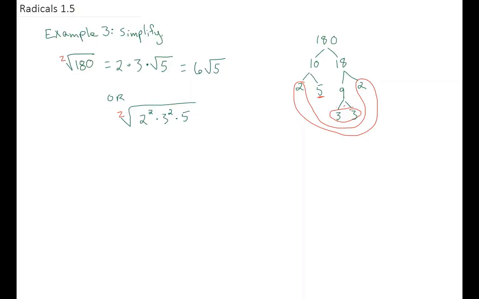So we have the 2 times the 3, but then the 5 is still being square rooted. So hopefully this helps give it a little bit more clarity. Got to finish it up there by multiplying together the 2 and the 3. So that gives us the same thing we had before, just showing the work a little differently. Give that a try, see if that works out for you.